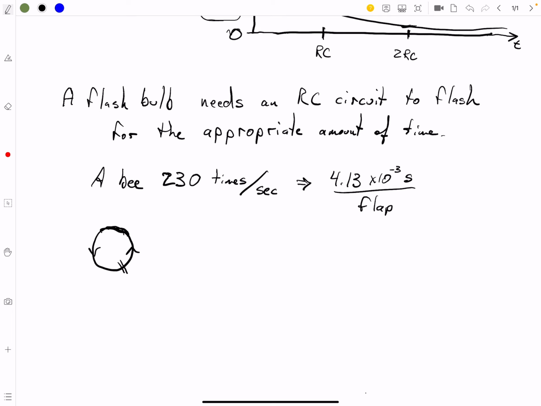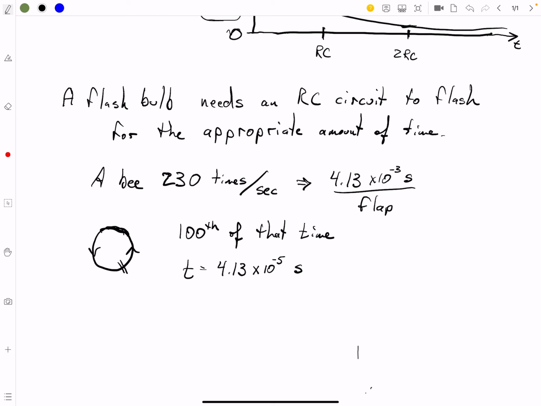So let's say we want 1/100th of that time. So we really want a time equal to 4.13 times 10 to the minus 3 divided by 100, that means 10 to the minus 5. Okay, so that's our time.